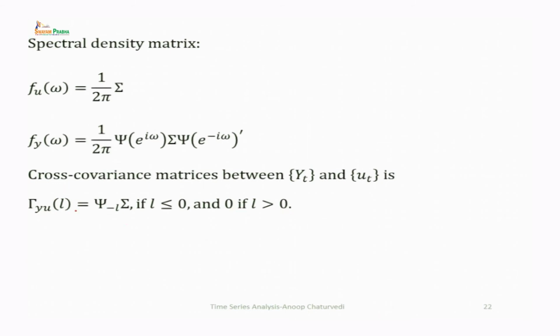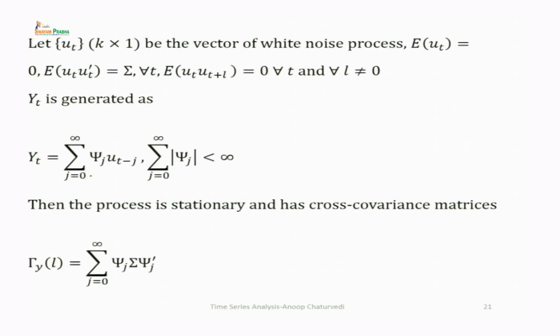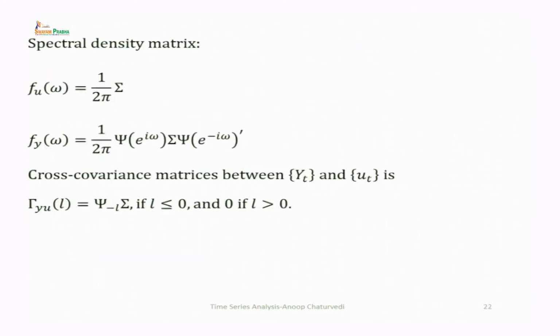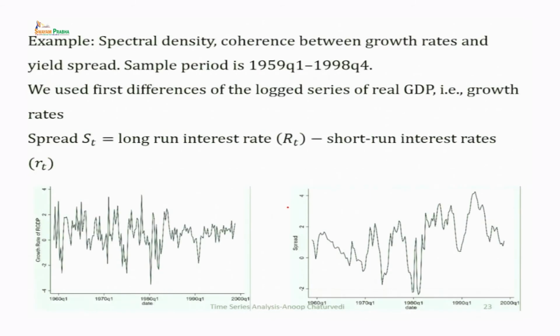To prove this result, you just write y t equal to summation psi j u t minus j, and then you multiply it by u t minus l and find the expectation. And remember, u t is a purely random process. So, ultimately you find this cross covariance matrix as psi minus l sigma if l is negative, and it is 0 if l is positive.